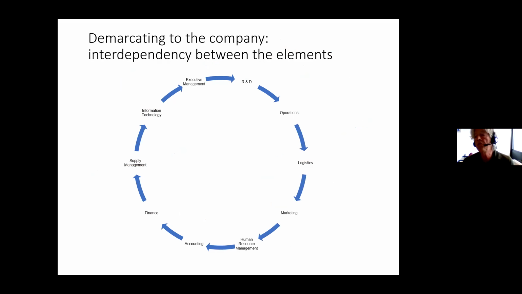And when looking specifically at a company, we see different elements within a company.